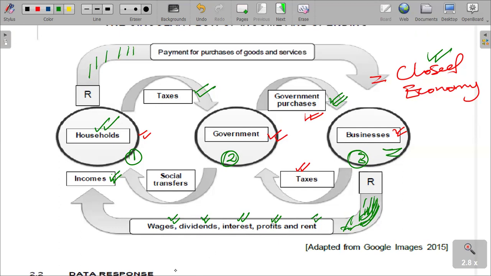And also, we are talking about households to businesses. You need to understand that these are the consumers; we can just say these are households. What do they do for businesses? The interaction between households, or consumers, and businesses is that households make payment for the purchase of goods and services.